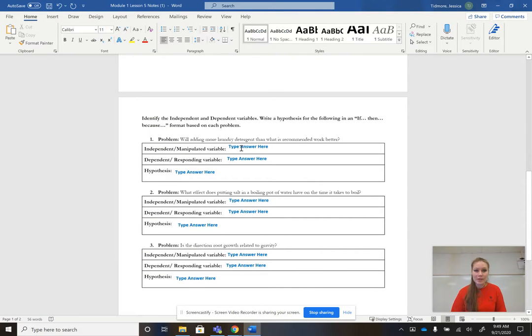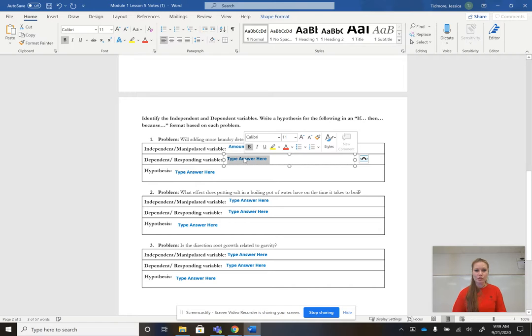So this one we have to actually identify the variables ourselves, then write a hypothesis. So problem. Will adding more laundry detergent than what is recommended work better? So the thing that I am manipulating here is the amount of laundry detergent.